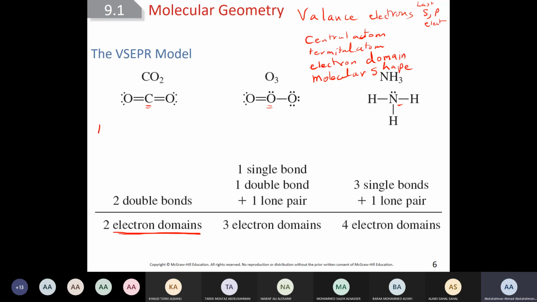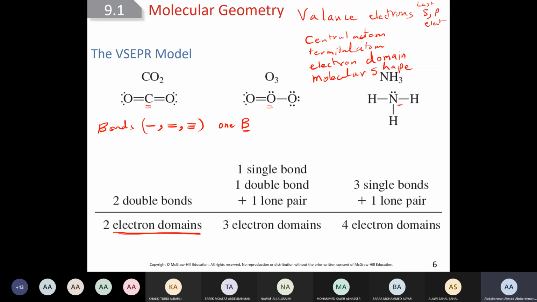Any bond, whether it is single or double or triple, we'll consider to be one electron domain. I'll call the bonds B from now on.